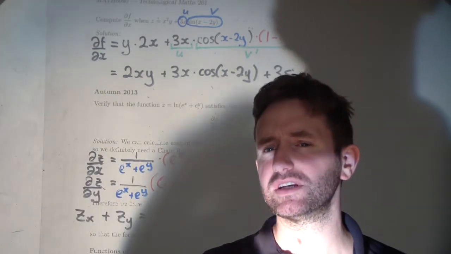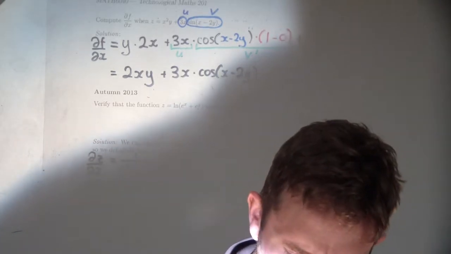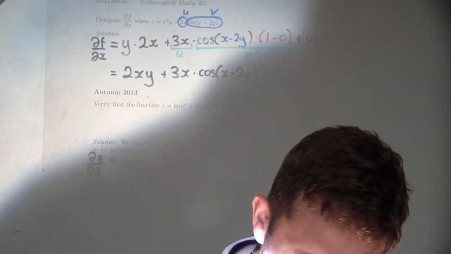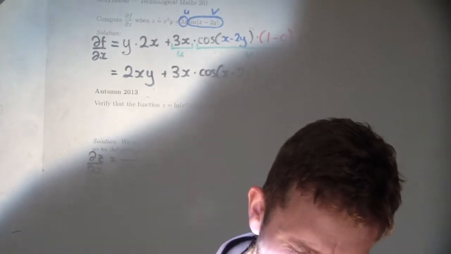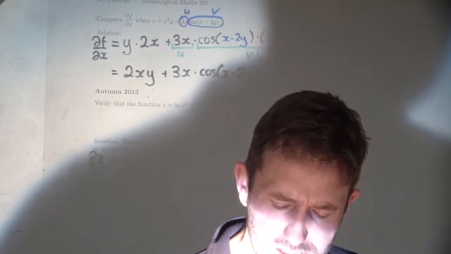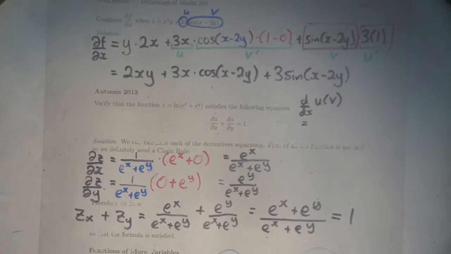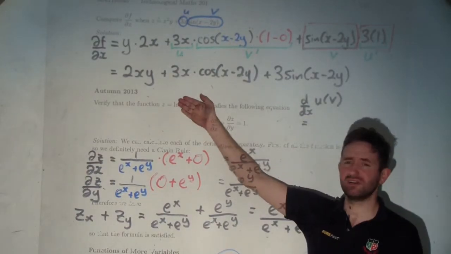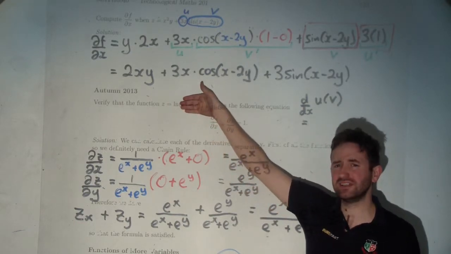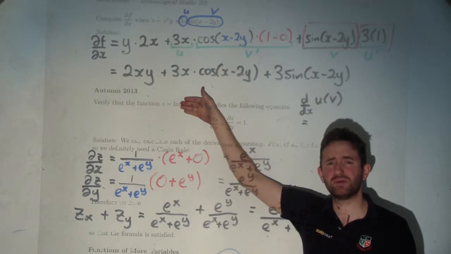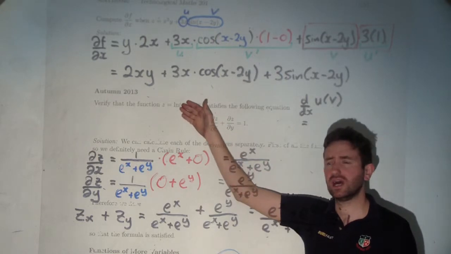So the general version of what I'm saying is, if you're differentiating, I'm going to write log of v. Log on its own doesn't actually make sense, it needs an input. So I could say u, I could say v.